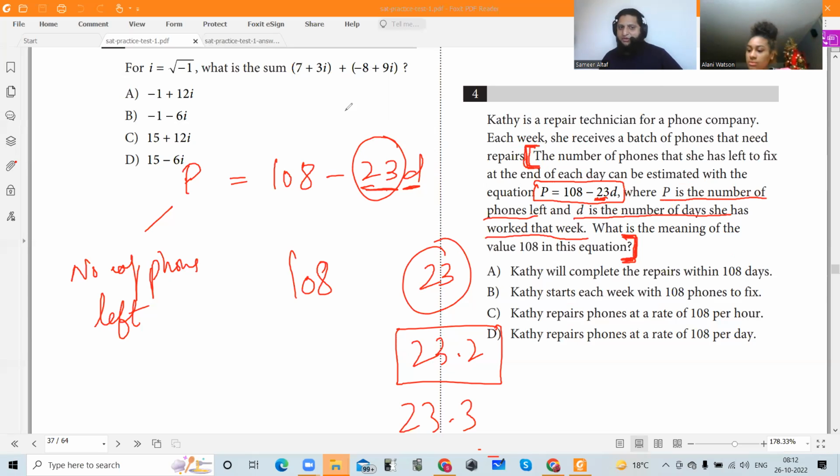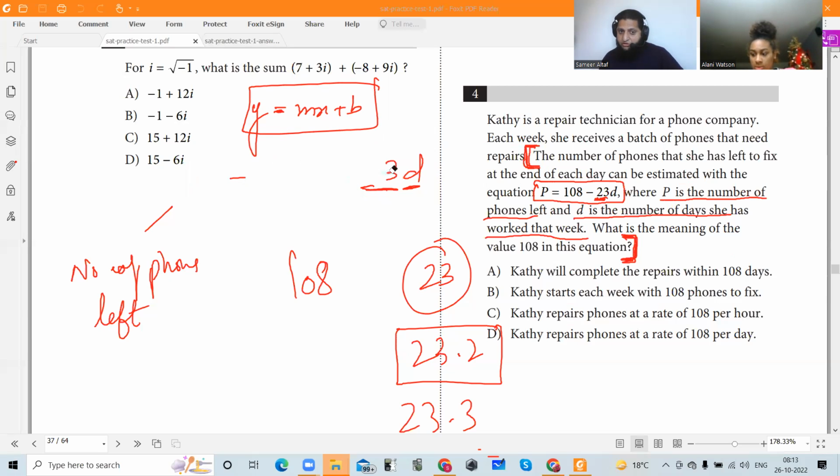That's wonderful. Do you know the slope intercept form of a linear equation? Y equals mx plus b. Exactly. You can represent this equation also in this form. Y equals mx plus b.